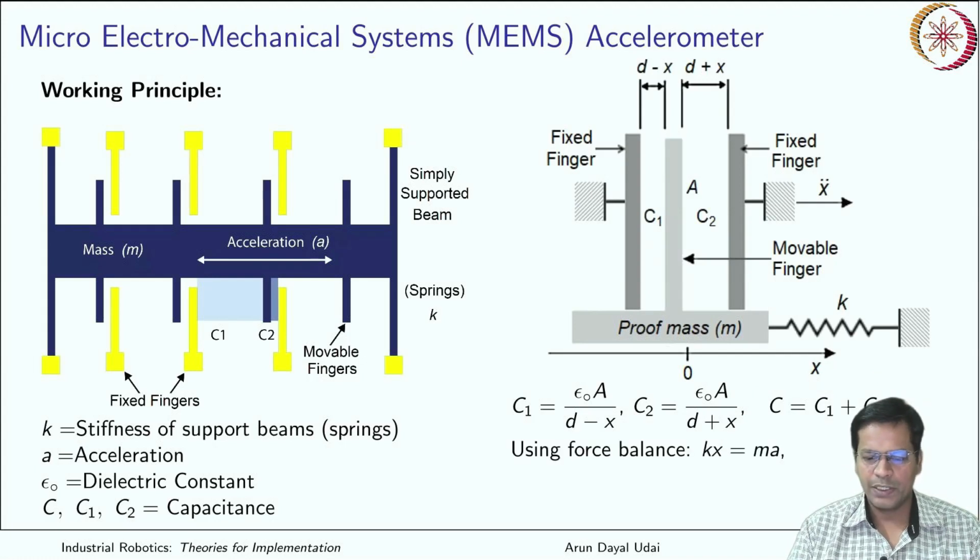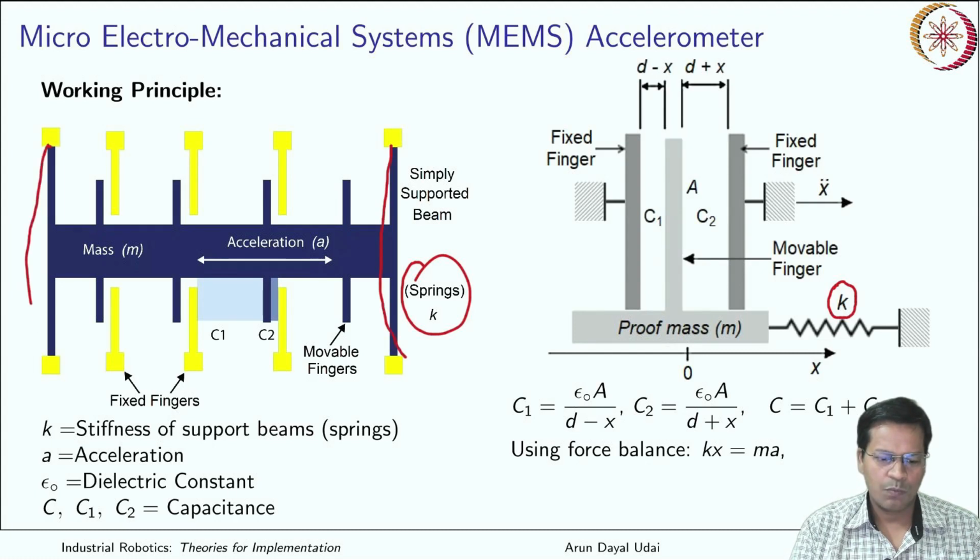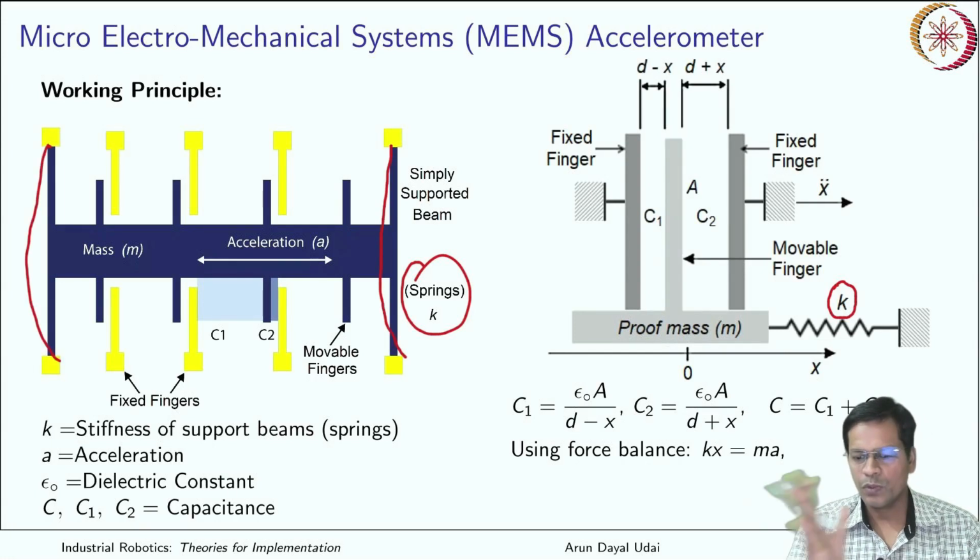So what happens here? Using the force balance equation, I can obtain this equation. This is the stiffness of the suspension on which the proof mass is suspended. This was the spring which was here, which actually moved like this. So they can flex. The stiffness is k, so k times x, where x is the displacement, is the restoring force.